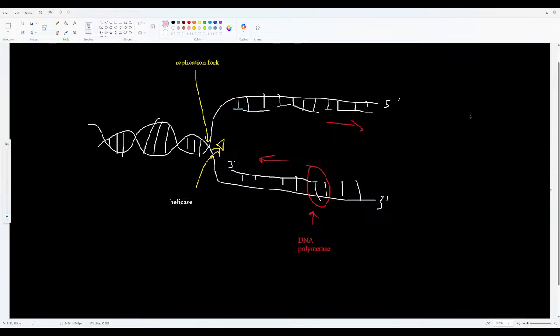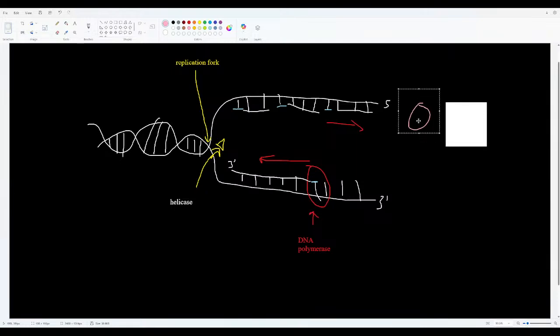Let's make that pink. This thing comes in and removes the primers, so we make them from blue into white. Sorry if I just blinded you.